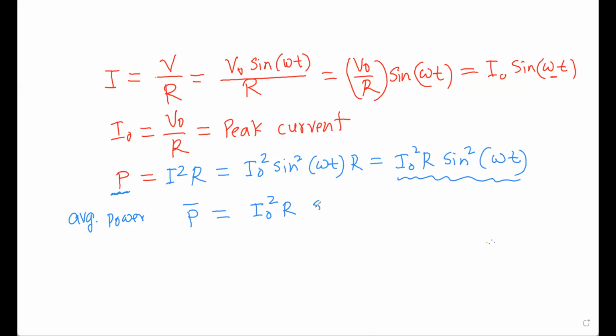But sine square omega t, we can take its average. In trigonometry, the average of a sine square function is very simple. It is equal to half. Sine square or cosine square, the average is half. So what we get is half I0 square R.